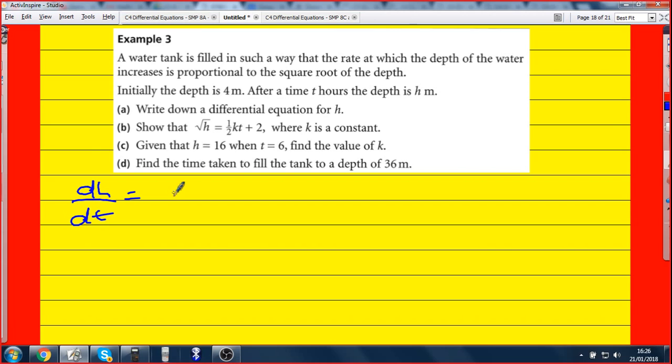Not necessarily. Well, how would you say something is like y equals or y is proportional to if it's the square root? The square root of the depth.